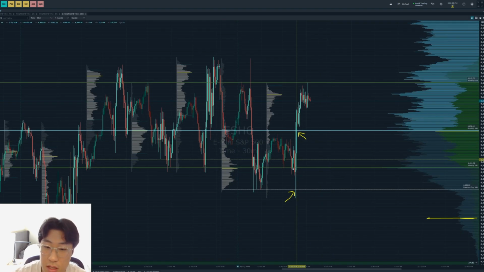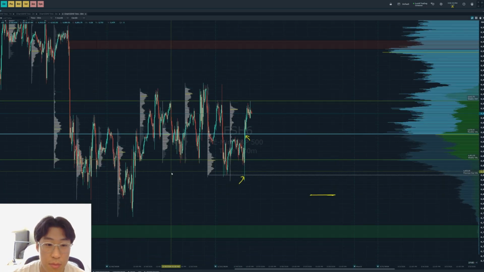And the reason I wasn't looking to take a long off of this weekly value area low, even though this is a very important key level, is because price is, as of right now, pretty much range bound, and we came from a downtrend, right? So the initial move was a strong downtrend, and now we're ranging.